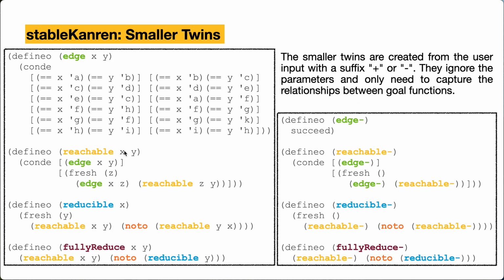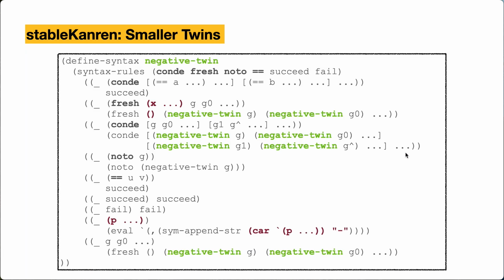The same thing for reachable: we drop the parameters, but we keep the overall structure of the program. For example, edge becomes edge minus, but we don't care about the parameters there. It's just edge minus and reachable minus. It's just like the dependency graph, but it's self-executable. Here is one code snippet for creating the negative twins.